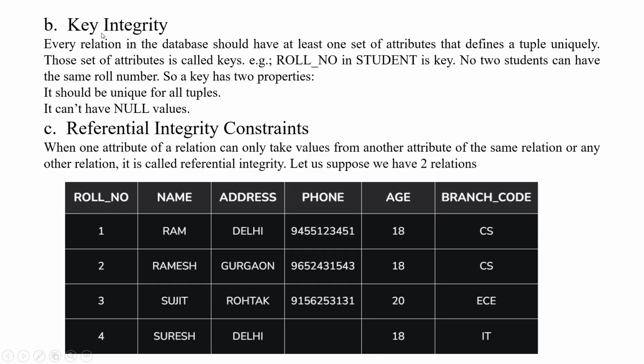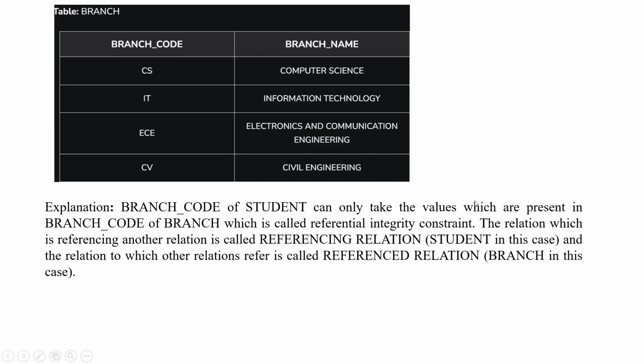The third one is referential integrity constraints. Consider this table. It has 6 different attributes. Observe the 6th column named branch code. Now consider this another table named branch. It consists of a branch code and a branch name.